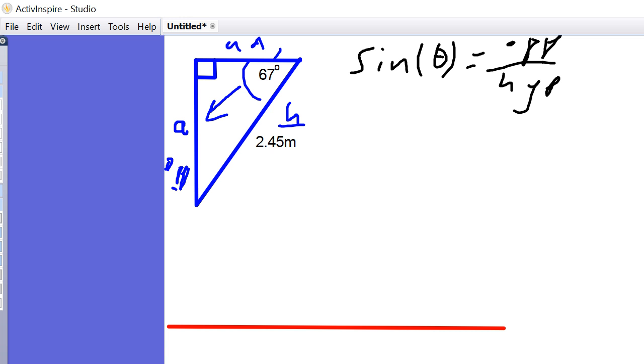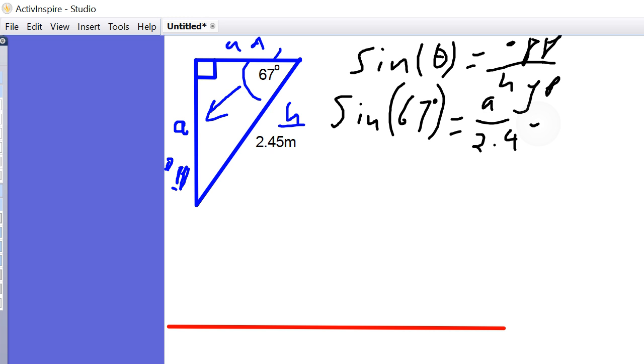So then to put in what I know, I've been given an angle of 67 degrees. Opposite is my unknown, and the hypotenuse is 2.45. Okay, so the pronumeral is on top. So what do I do when the pronumeral is on top? I multiply.